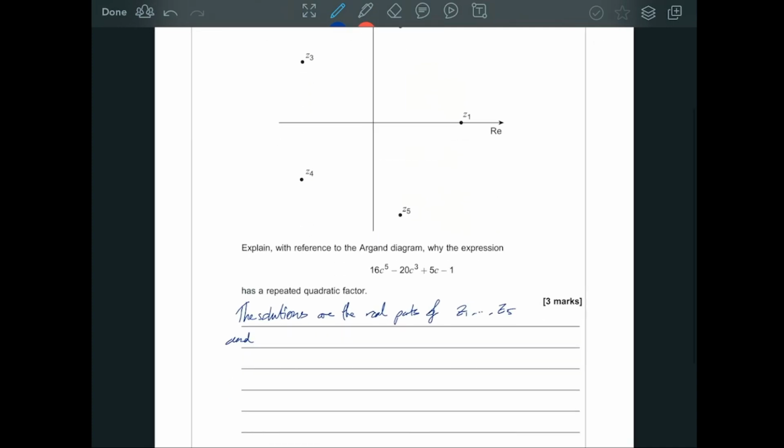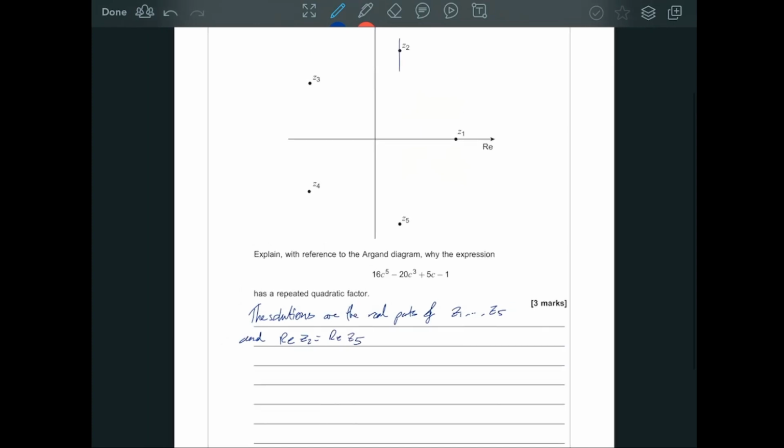And from the picture, we have that the real part of Z2 equals the real part of Z5. They're on the same vertical line. And the real part of Z3 equals the real part of Z4.